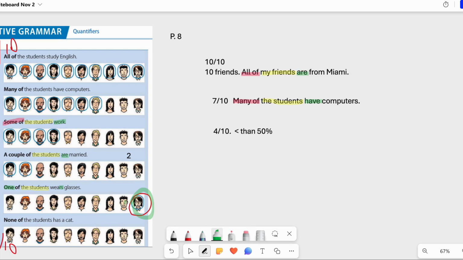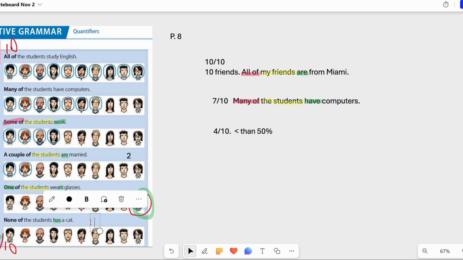And then none means zero. You see, nobody has a cat. So none of the students has a cat. So we use has, but you can also use have. So either one is fine.